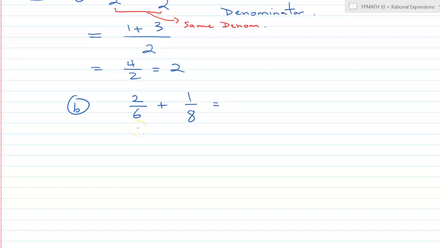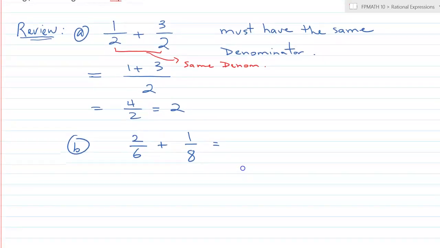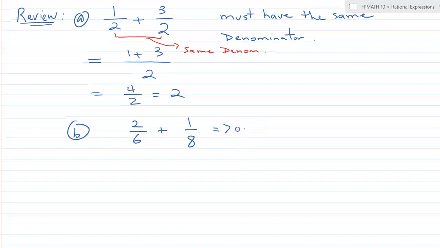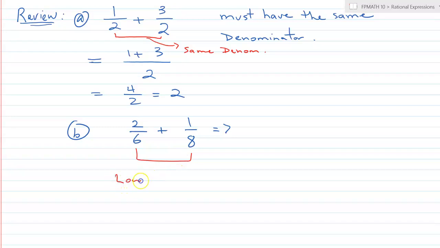In this case, not only do they have to be common or the same, but they have to be the lowest common denominator. That's the only way we can add the fractions. Now, LCD is almost the same as, well, it is the same as LCM, the lowest common multiple.